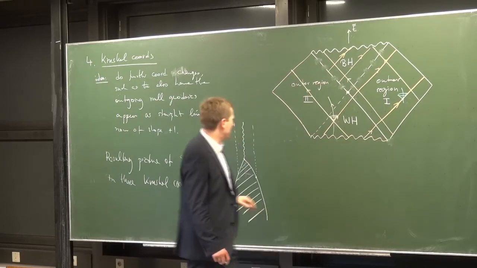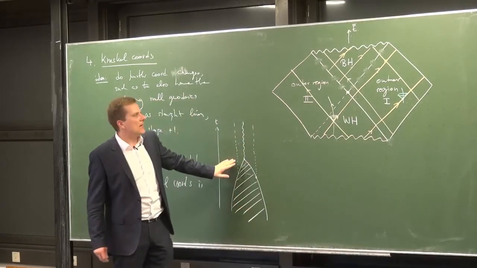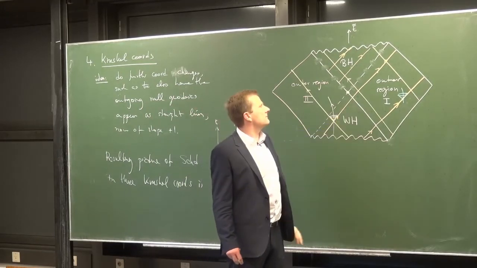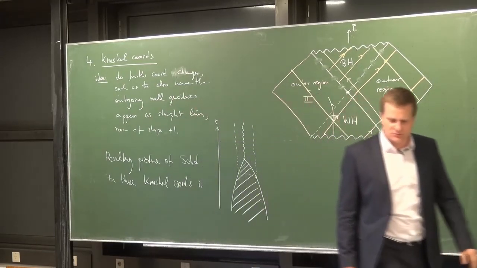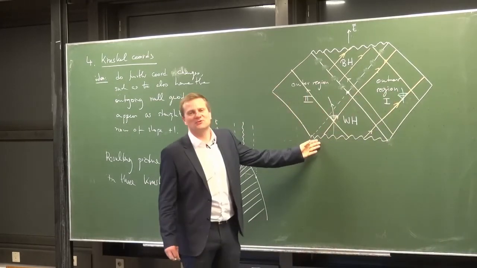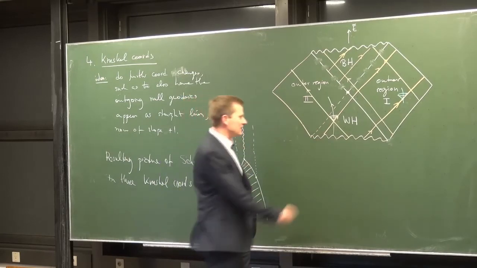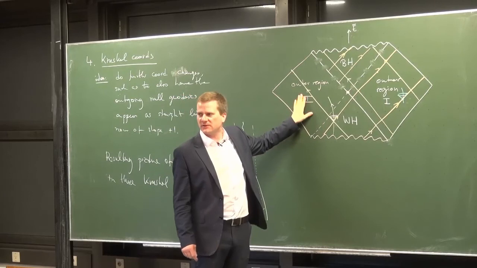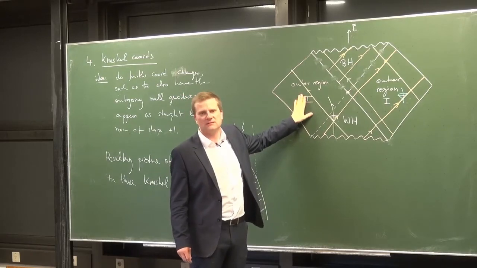Okay. However, what do I really mean by this? And is there an even better way to understand? Oh, I'm sorry. I drew the wrong picture. It's not true that this is the picture in Kruskal coordinates. I'm sorry.